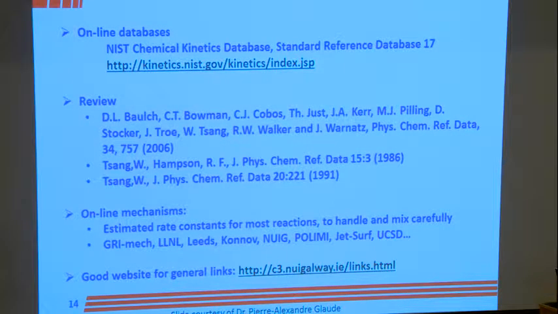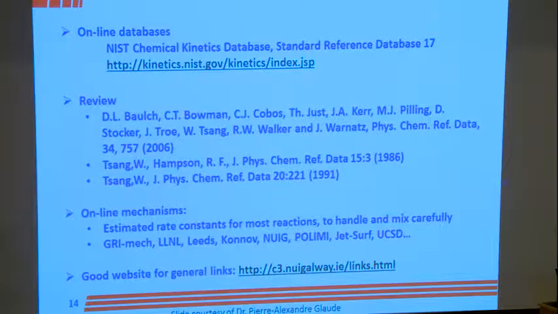And then Wing Tsang has published a lot of recommendations in the Journal of Physical and Chemical Reference Data back in the 80s and 90s, which I still use a lot, actually. And then there are lots of online mechanisms available. I haven't included the KAUST here. This is a little bit old, but we have CloudFlame now from KAUST also. But this is just showing you there's lots available.